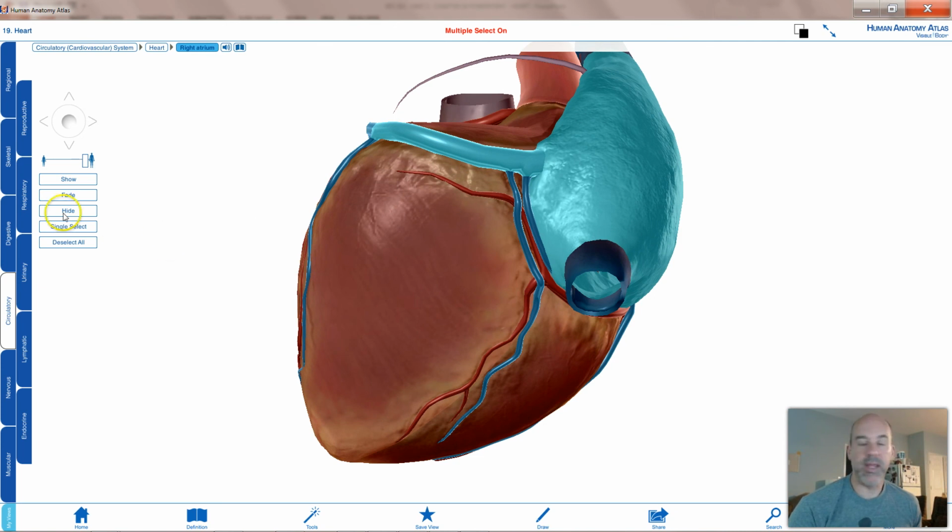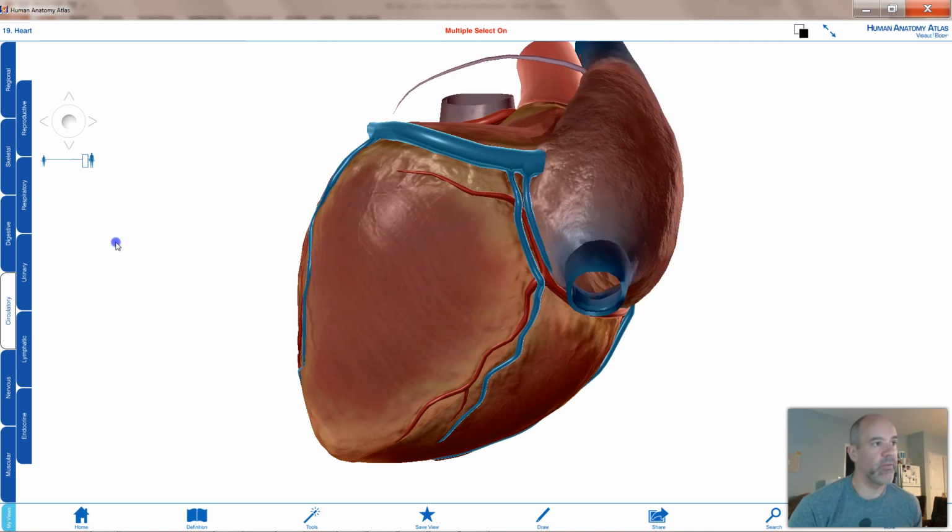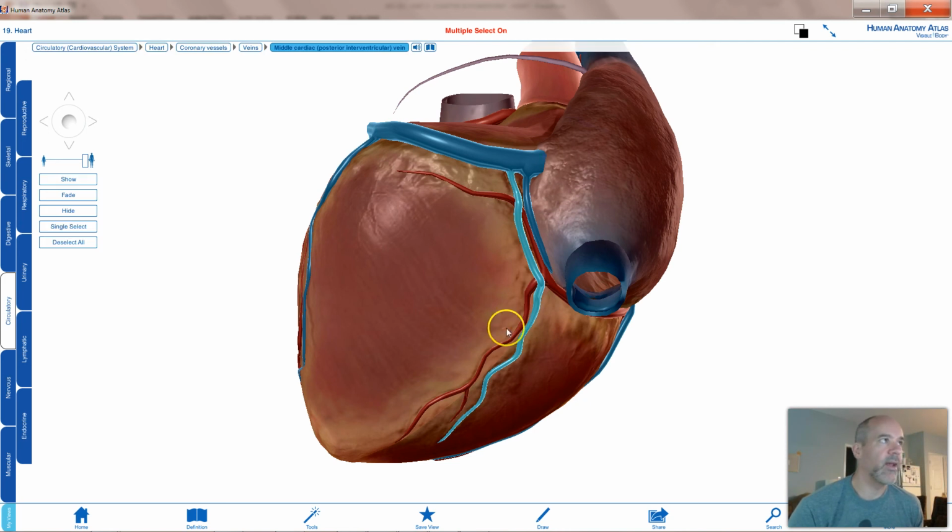All right, now what about the deoxygenated blood from other parts of the heart? Well, some of that is flowing from the walls of your ventricles over here and over here. It's eventually draining, some of it, into this vein, and that is called your middle cardiac vein. And sometimes it's also called the posterior interventricular vein.